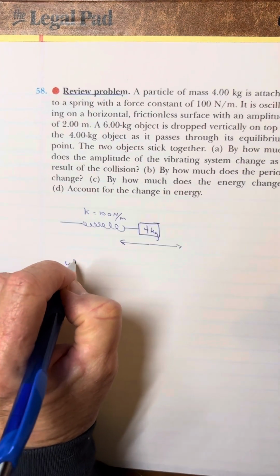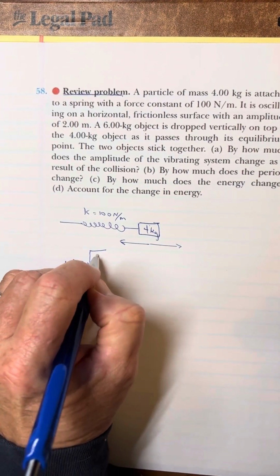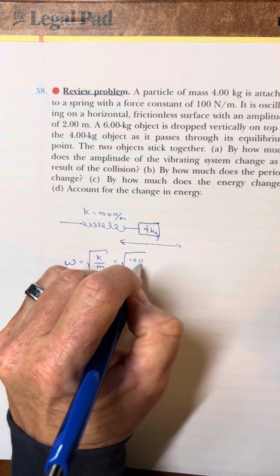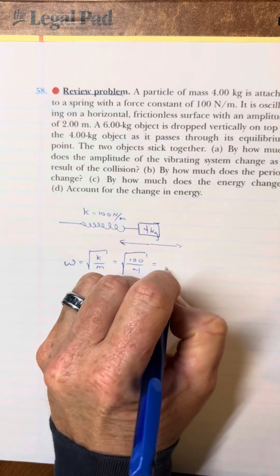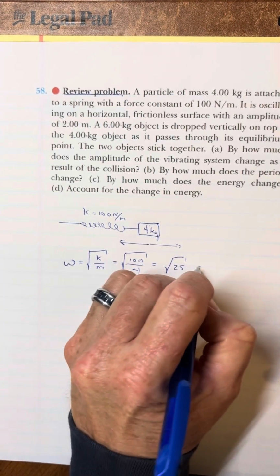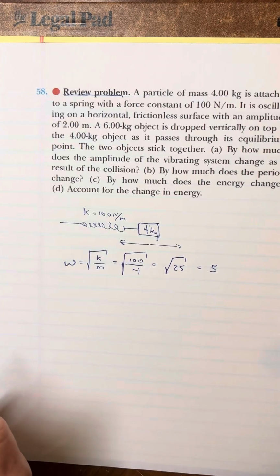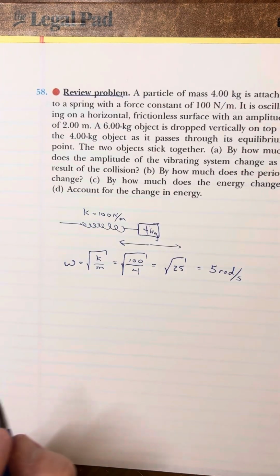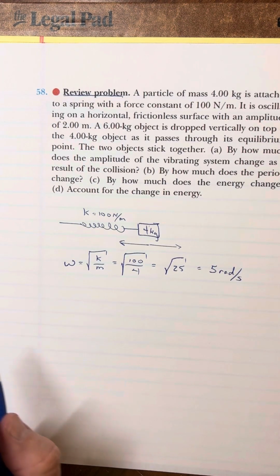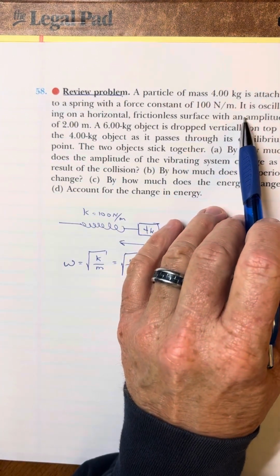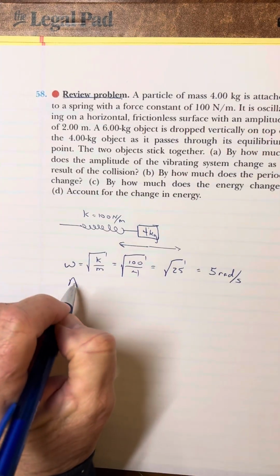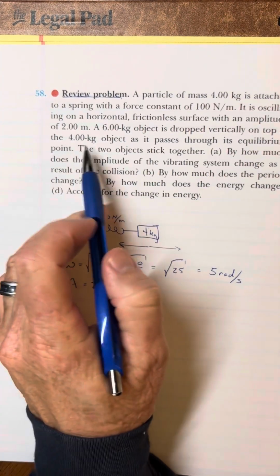We also know that the angular frequency is the square root of k over m. So k is 100, m is 4. That was nice. They gave me the square root of 25, which is just 5. So this is going to be my angular frequency of 5, and it would be 5 radians per second if we want to watch our units. But let's see. It oscillates on a horizontal frictionless surface with an amplitude of 2. So maybe I'll put 2 meters for the amplitude.